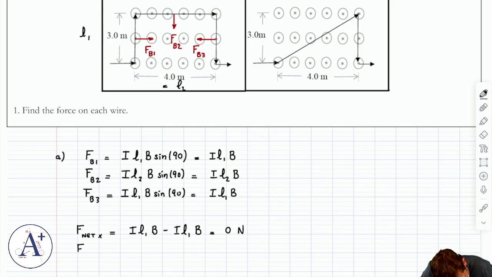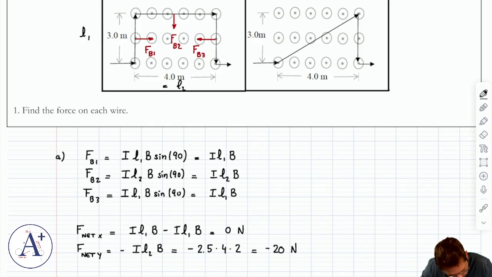And then F net y is going to be minus I L2B, sine of 90 being 1. Okay, well, B is 2 and the current is 2.5, so this is minus 2.5 times 4 times 2, which is 2.5 times 4 is 10, so minus 20 Newton.